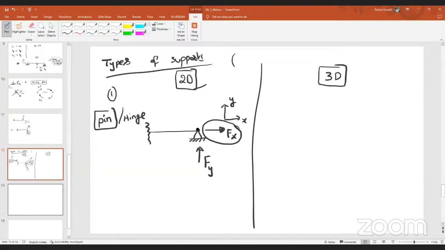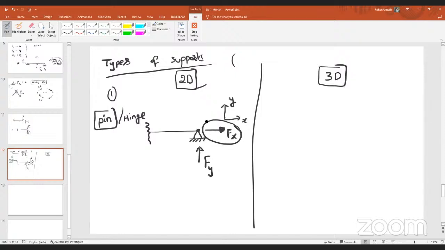So at this point, it will not allow any deflection along the X direction. That's why the resisting force is developing, forgetting about in which direction the deflection is happening. Similarly, this hinge support will not allow any deflection along the Y direction, so that's why the resisting force is developing along the Y direction.